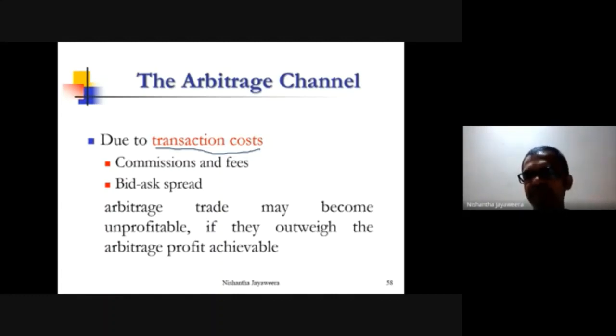So there will be a spread. Once you put all those things together, sometimes the futures price and the arbitrage price or the fair value come as two different prices. But still nobody can explore that, because ultimately you won't get any profit once you pay for this transaction cost, once you pay for the spreads.